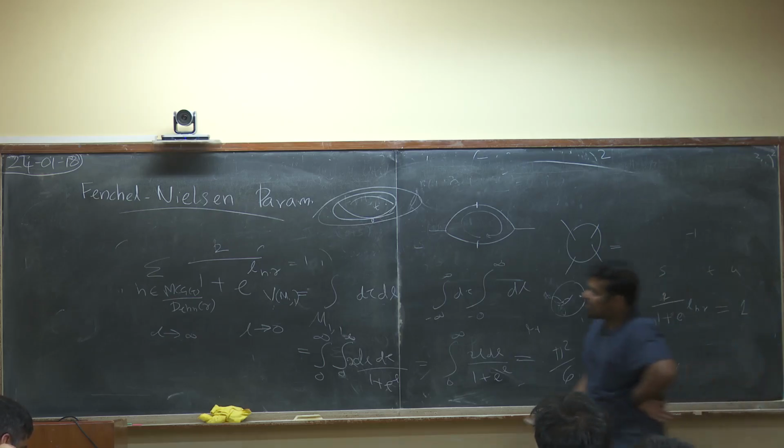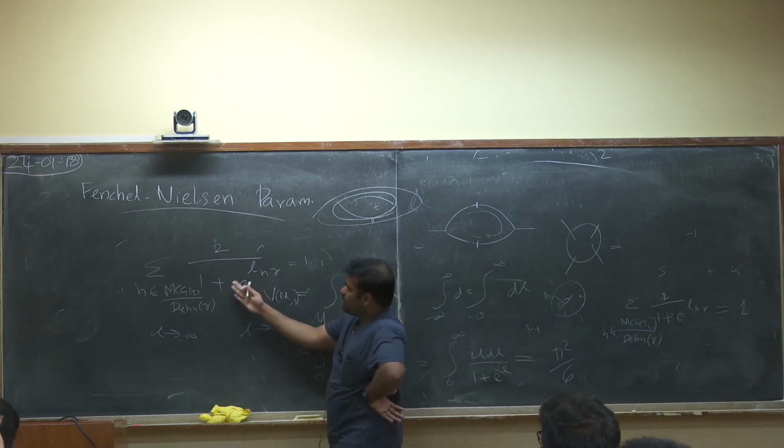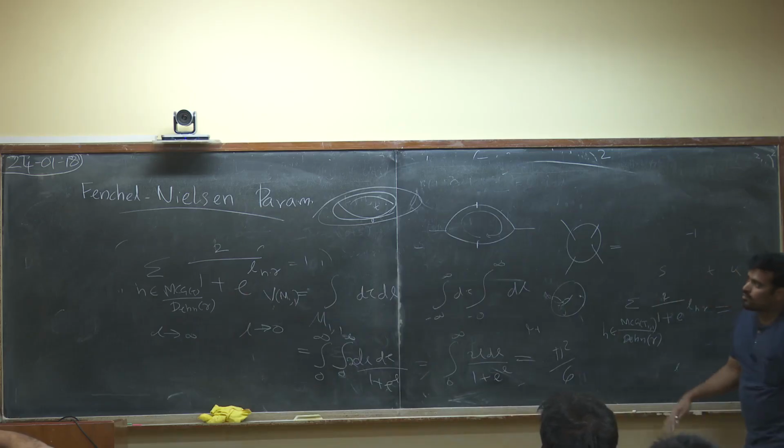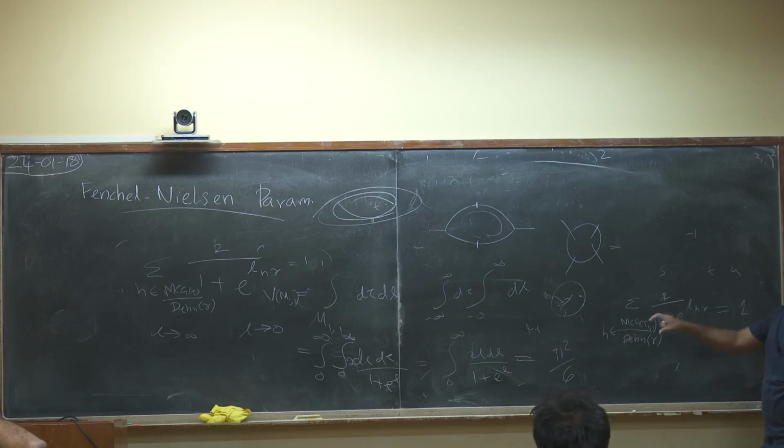I wrote down an identity for a 1 puncture sphere. I can write down a similar identity for a Riemann surface with finite boundary length, and then that formula picks a particular boundary. I have to choose a particular boundary, and then the whole sum will sum to the length of that particular boundary.